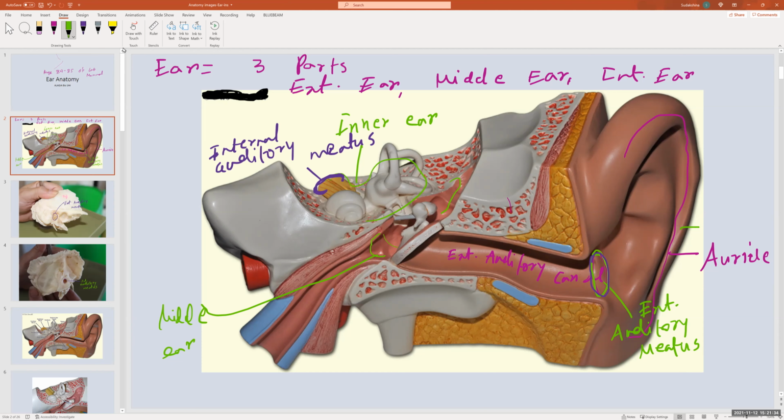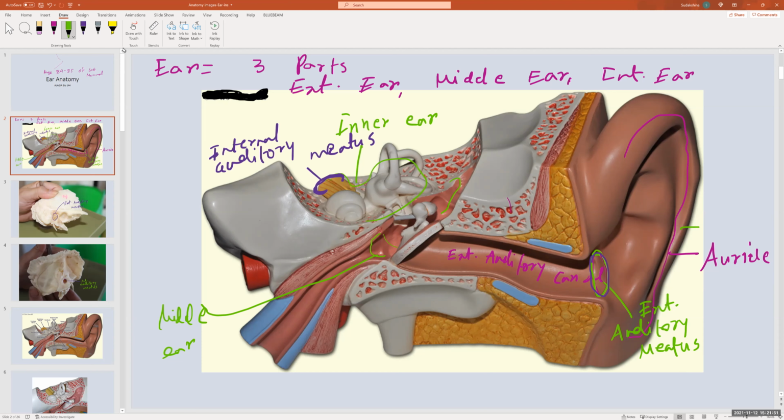This is the part that we access typically. This looks long in the model, but it's actually rather short. So this is one reason why you should not just ram the Q-tips within your external auditory canal.